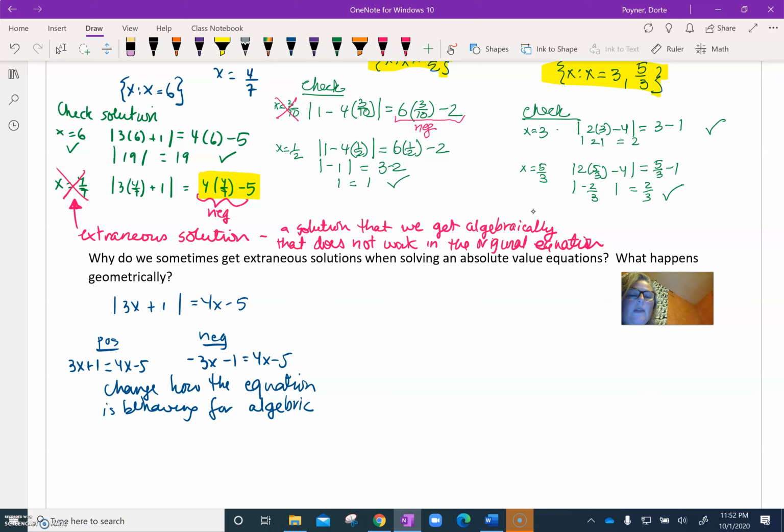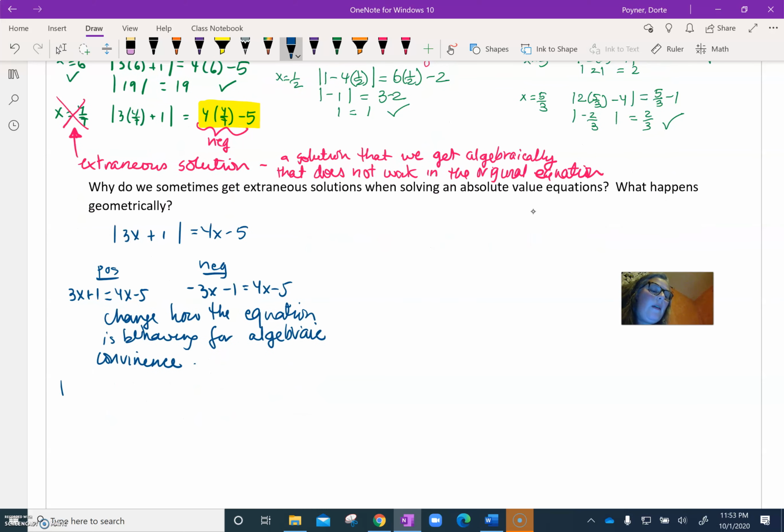That means we're changing it slightly so that I can get something algebraically. But when we change how something behaves, we can end up producing extraneous solutions.